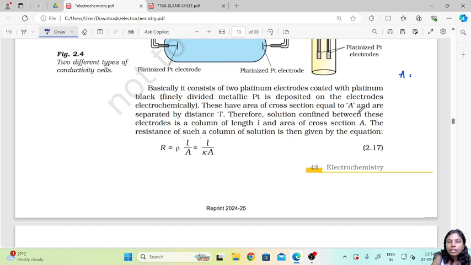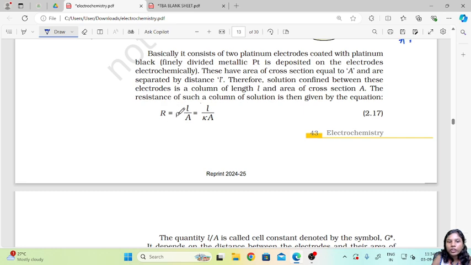Therefore, the solution confined between these two electrodes is a column of length L and area of cross section A. So the resistance of such a column of solution can be given by this equation that we already know: resistance R equals rho L upon A. We know rho is 1 upon K, since in the previous case K is 1 upon rho.